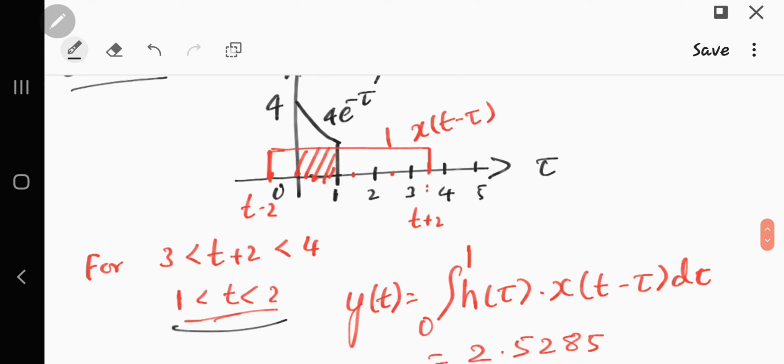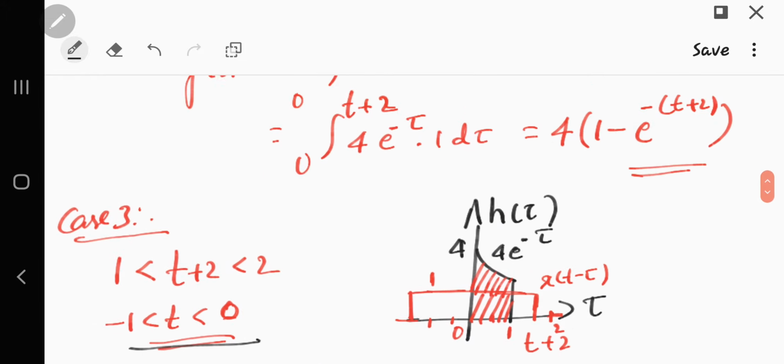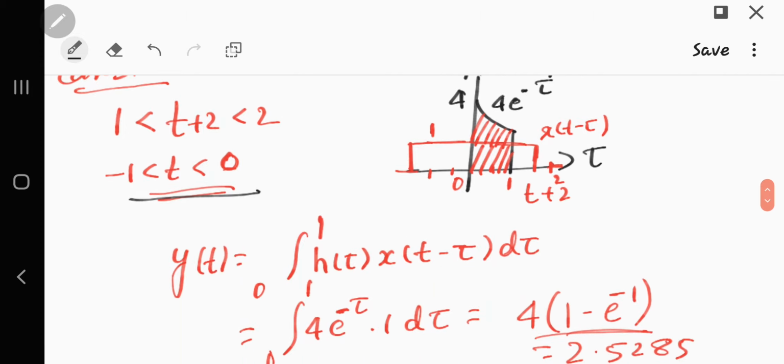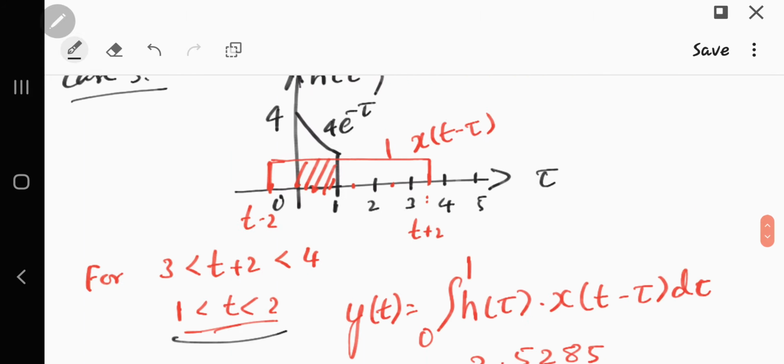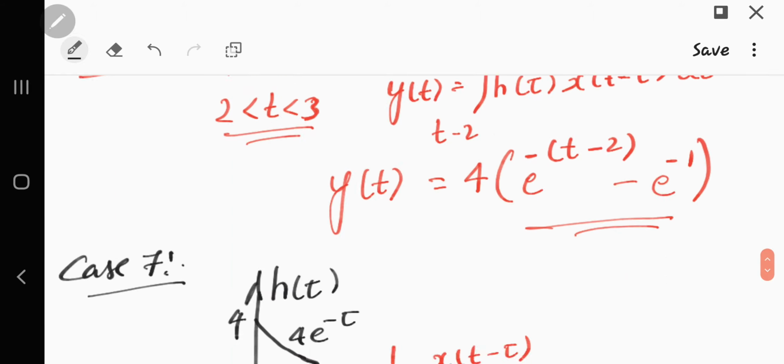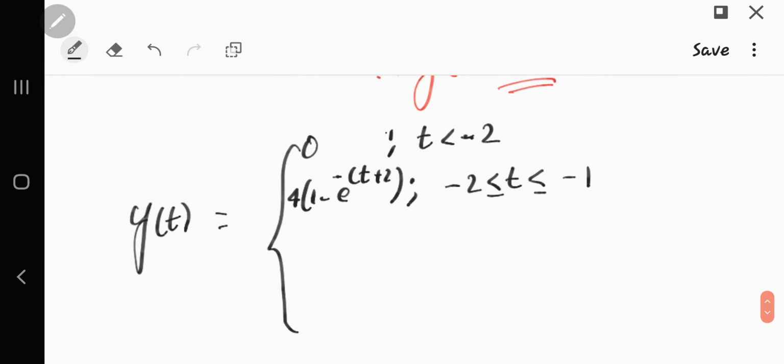So that means from minus 1 to plus 2, we have 2.5285 as the value for y of t. 2.5285 from where to where? For t varying from minus 1 to plus 2.